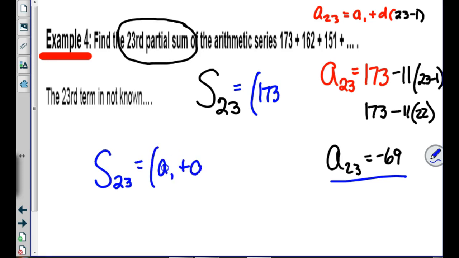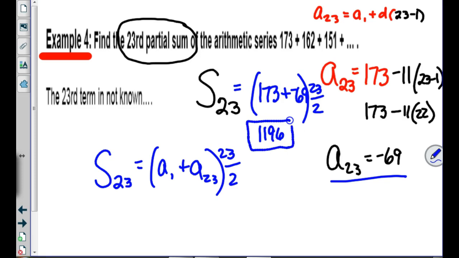So the first term and the 23rd term times 23 divided by 2. Okay? So 173 plus, what did we decide the 23rd term was? Negative 69, all times 23 divided by 2. 173 minus 69 is 104 times 23 divided by 2. It's 1196.